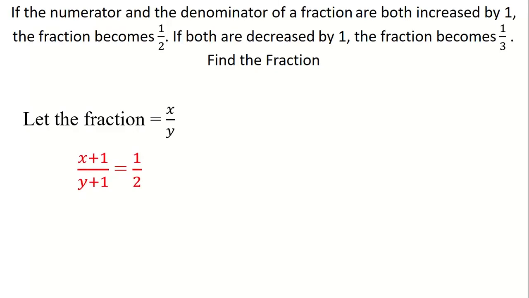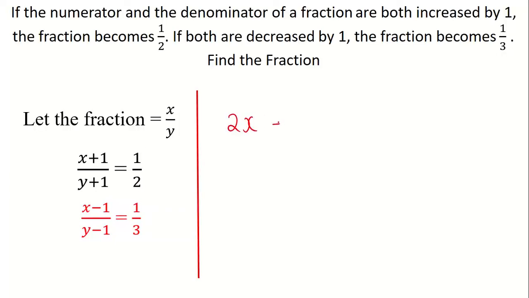So x plus 1 divided by y plus 1 is equal to 1 by 2. Let's look at the second condition. If both are decreased by 1, the fraction becomes 1 by 3. So x minus 1 divided by y minus 1 is 1 by 3. Okay, so let's solve this. If I cross multiply, I get 2x plus 2 is equal to y plus 1.